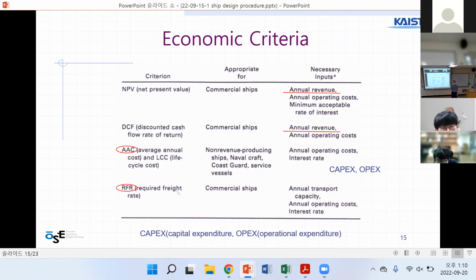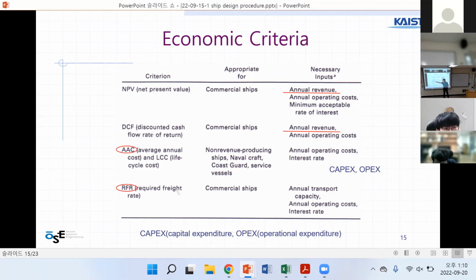Right? So big money is lost every year. That is a capital expenditure. Also, operating expenditure is something like fuel oil and wages to the operators, crew members, insurance, and also bank interest. Something like that is all together as operating cost.